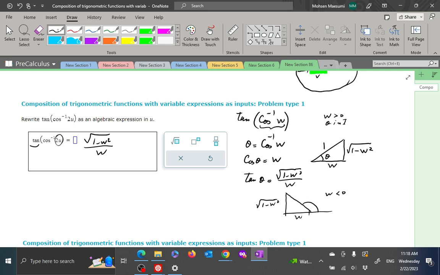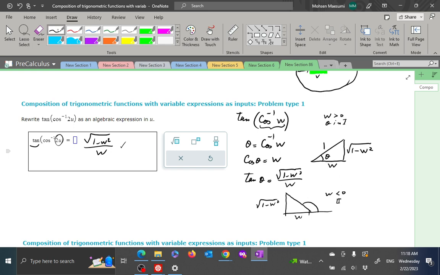But since w is negative, when you take the ratio, you get a negative answer, which matches angles in quadrant 2. Those angles have a negative tangent. So again, in either case, we arrive at the same formula, and the formula takes care of all the plus and minuses correctly.